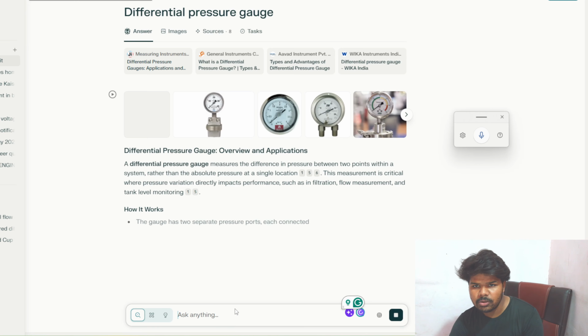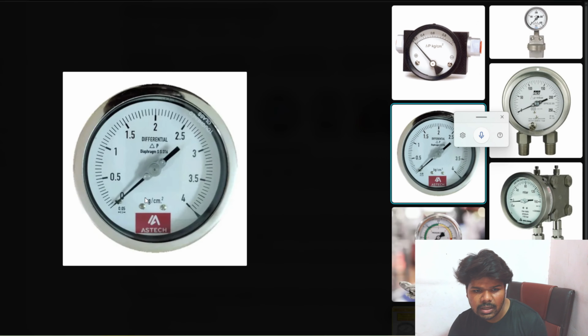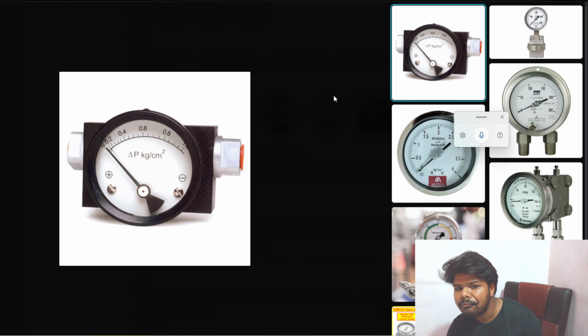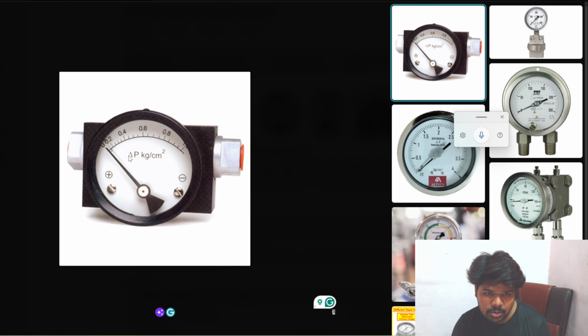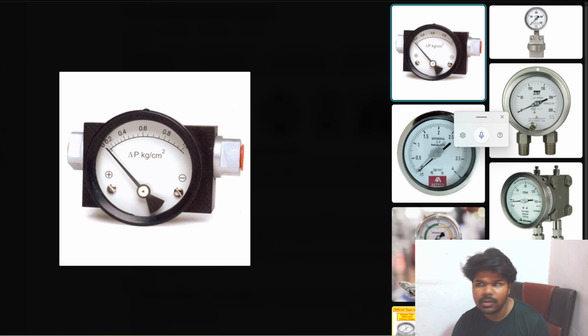So between the two fluids, what kind of pressure? See this gauge, showing zero point 0.5 kg, and this gauge can show differential pressure, 0.2 है, 0.5 है, 0.6 है. So what kind of pressure loss is there? It depends, maybe the detailed gauges, maybe this.